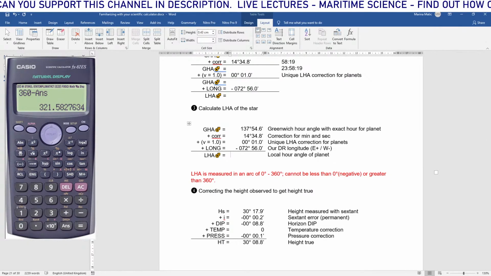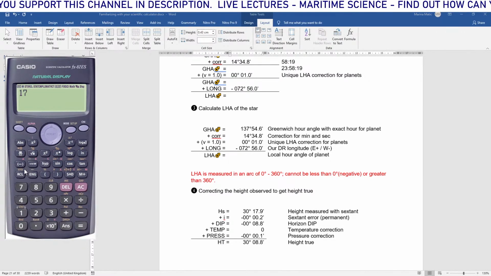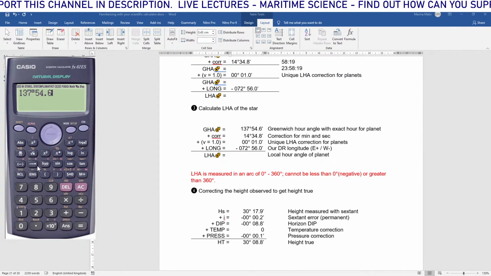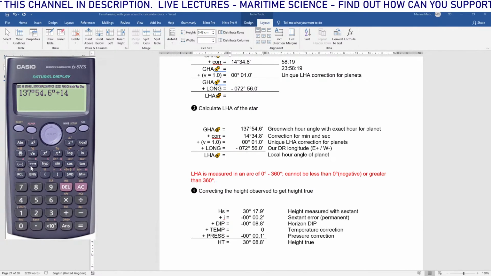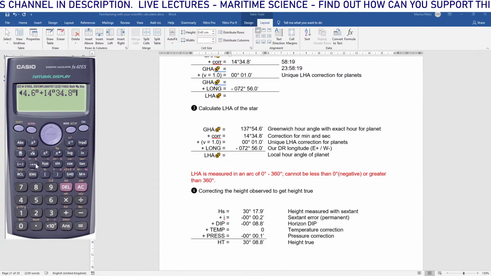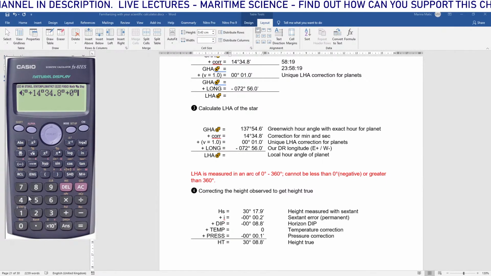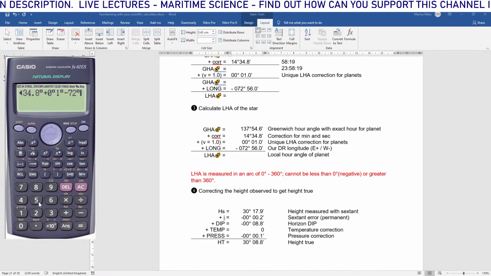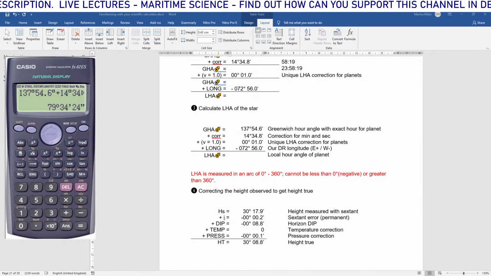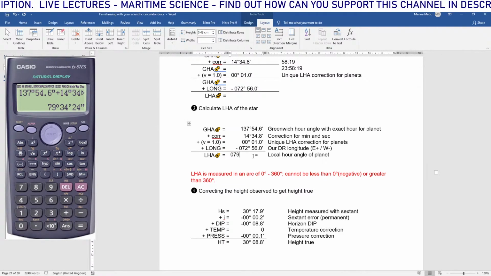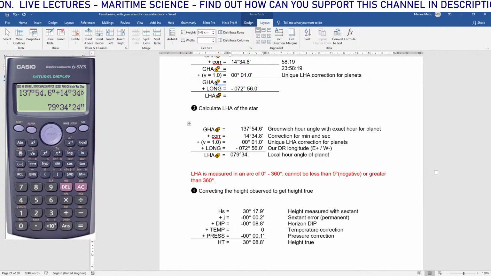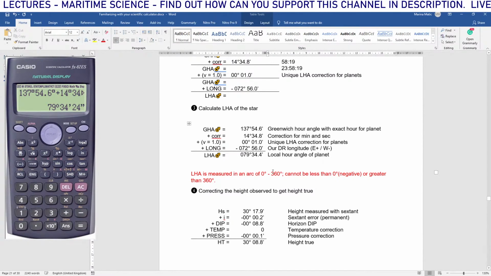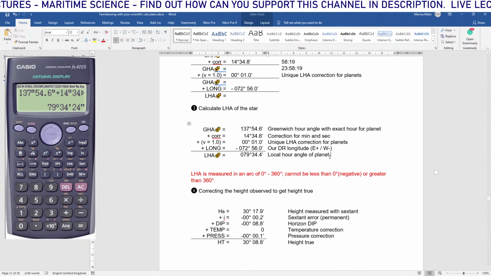And when we do this mathematically on calculator, 137 degrees 54.6 plus 14 34.8 plus 0 degrees 1 minute, and minus 72 degrees 56, it's 079 degrees 34.4 minutes, and go right. That is our local hour angle of planet Mars.